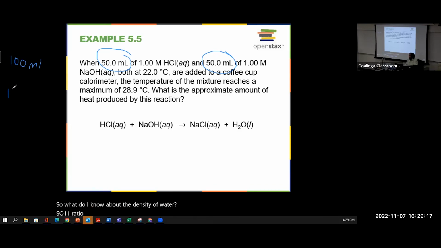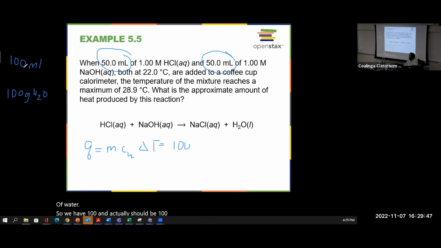So that means we have 100 grams of water. If I have 100 grams of water, I can use Q equals m c delta T for water. So we have 100, actually 100.0, right?